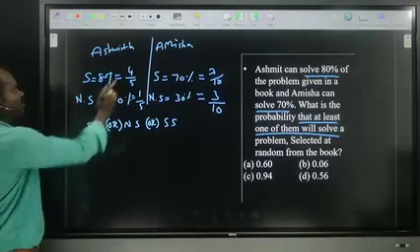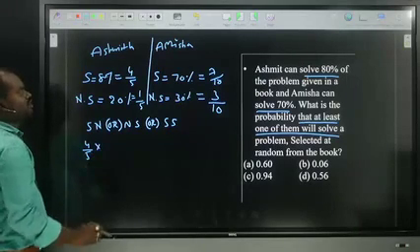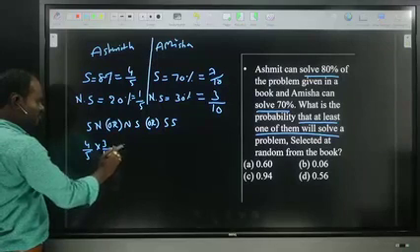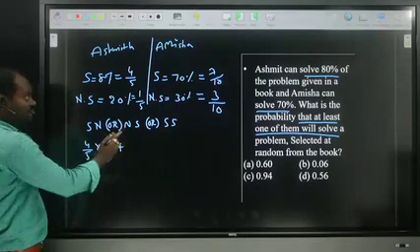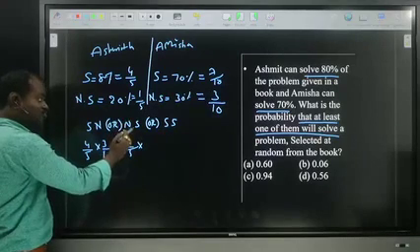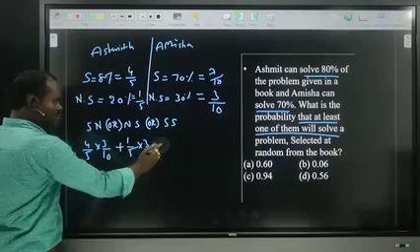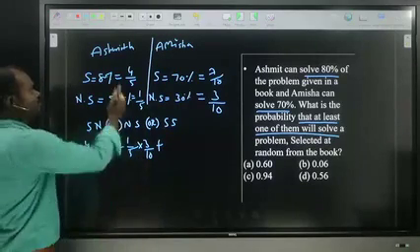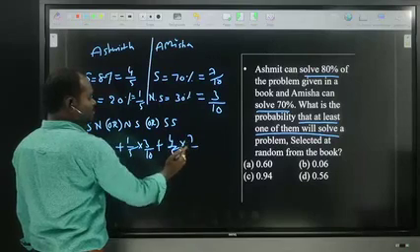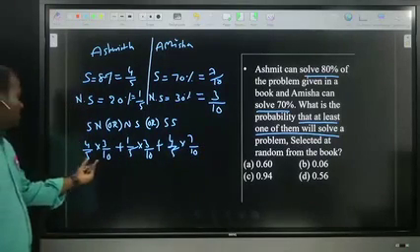Now first person solving 4 by 5 into second person not solving 3 by 10, plus first person not solving 1 by 5 into second person solving 7 by 10, plus both solving, 4 by 5 into 7 by 10. In all the cases the denominators are 50, so directly we can move to the numerators.